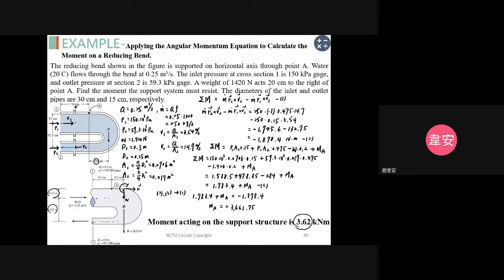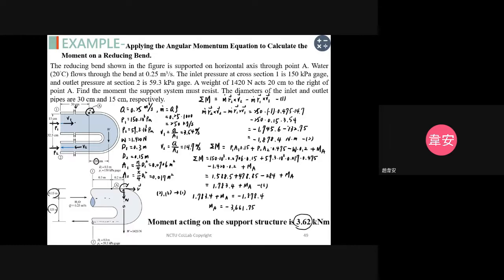And this is the minus. So we know that the additional moment in here is in the clockwise direction acting on the system.